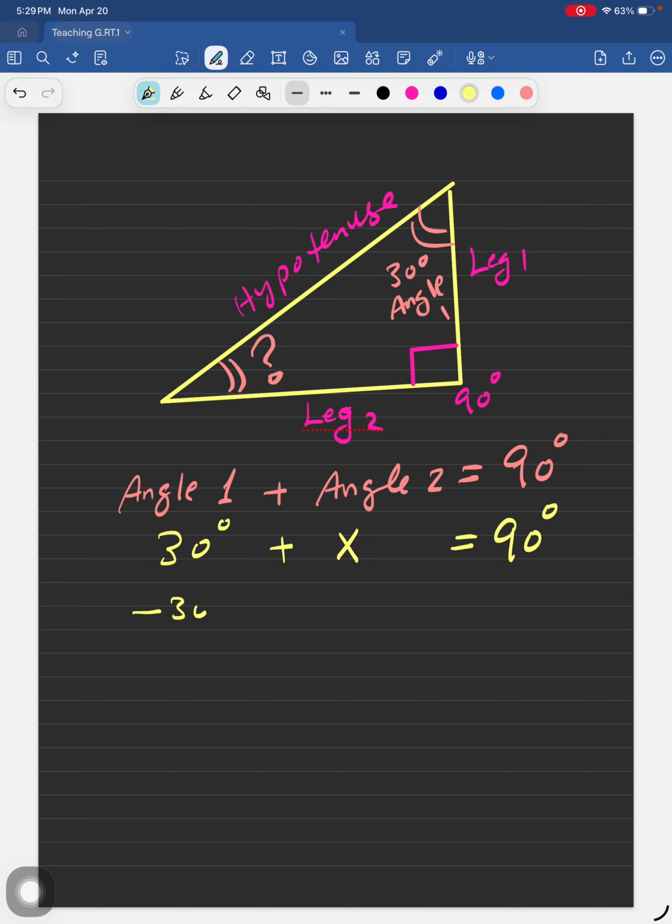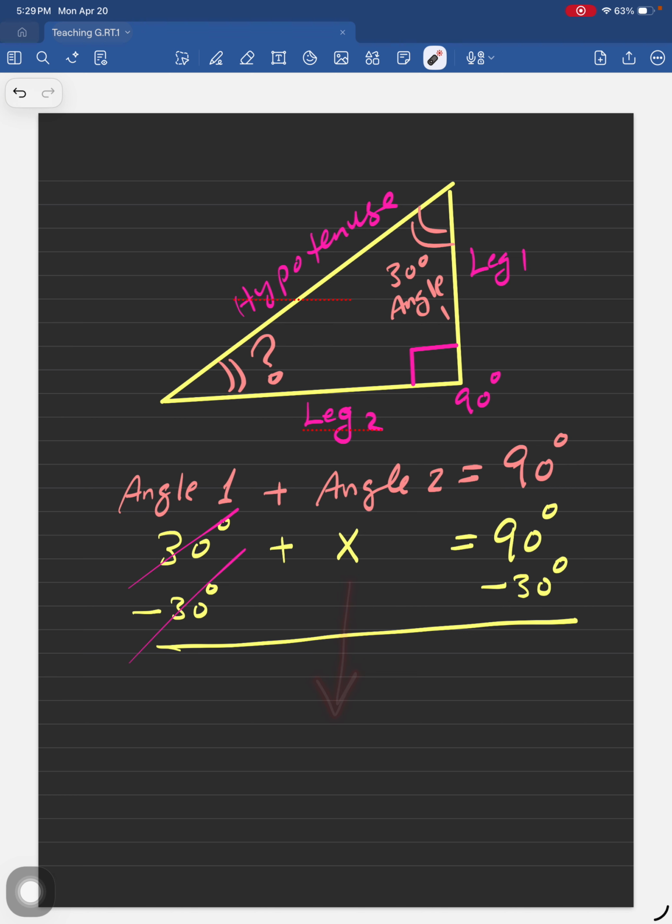We take 30 from this side and 30 from this side, cancel 30 with 30 to get 0, and take x down. X equals 90 minus 30, which is 60 degrees. That means angle 2 is equal to 60 degrees.